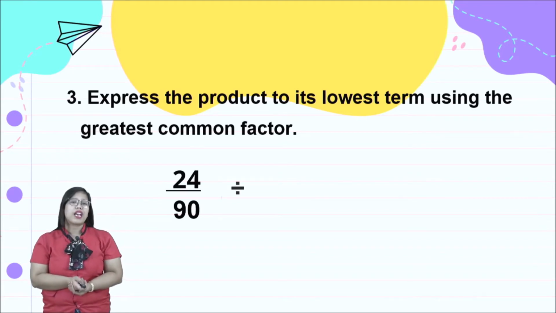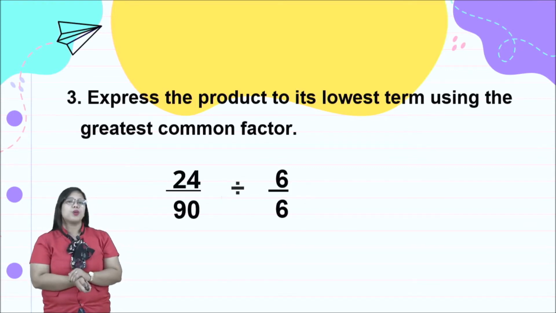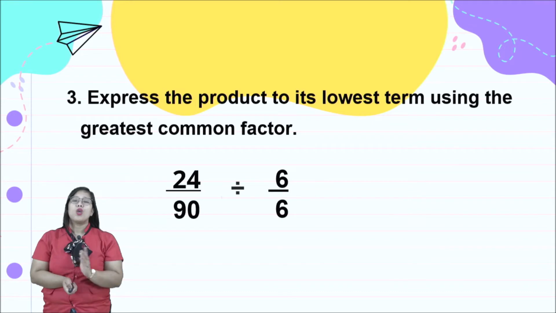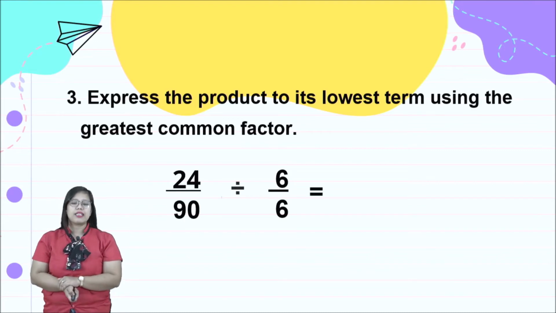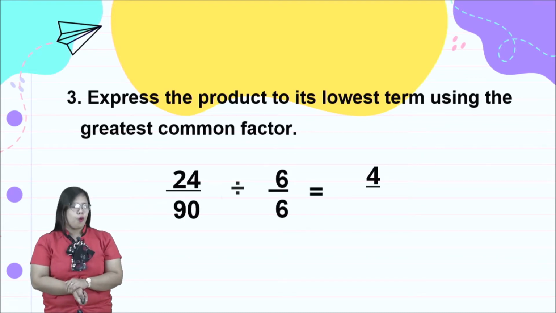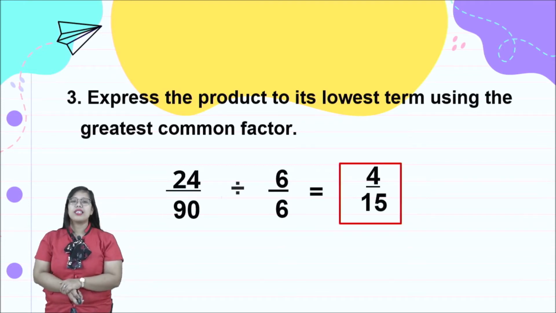We will divide it by their GCF. Do you know what their GCF is? Okay, their GCF is 6. So we divide 24 over 90 by 6. 24 divided by 6 is 4, and 90 divided by 6 is 15. So our final answer is 4 over 15.